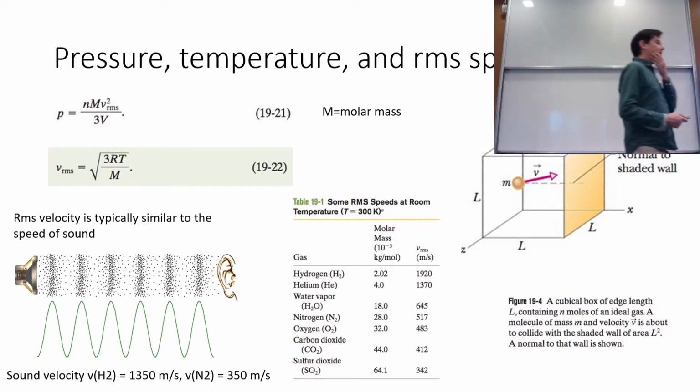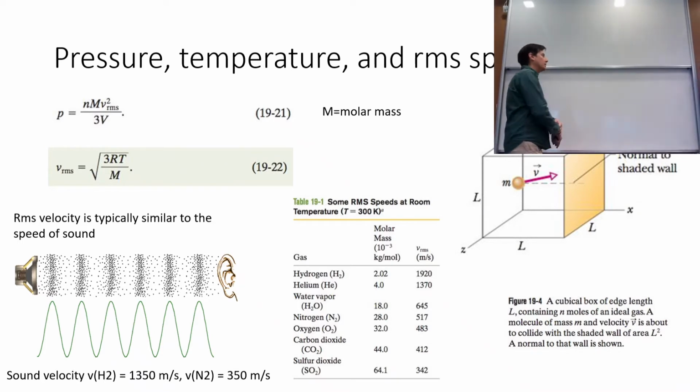So just to recap chapter 19. Let me start on this slide where we derive the RMS, root mean square, velocity of an atom, and the way that we did this was by trying to derive PV equals nRT.